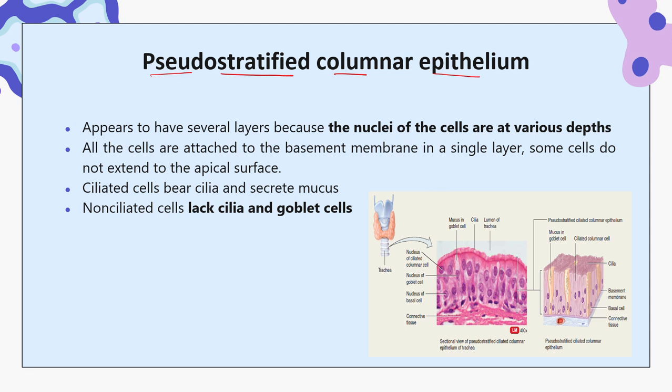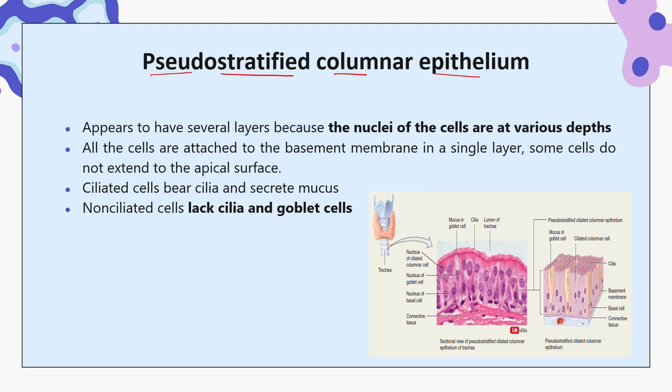In pseudostratified, a single layer of columnar cells is present, but the nuclei can arrange themselves at any level of the cell.